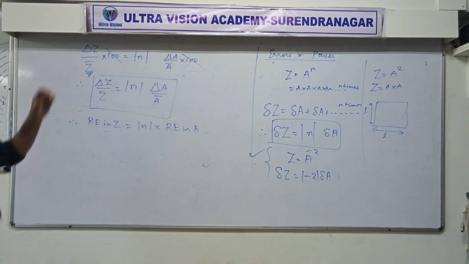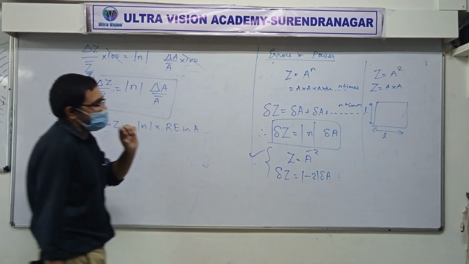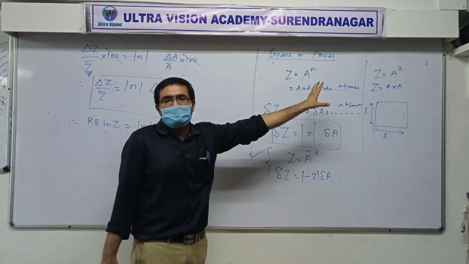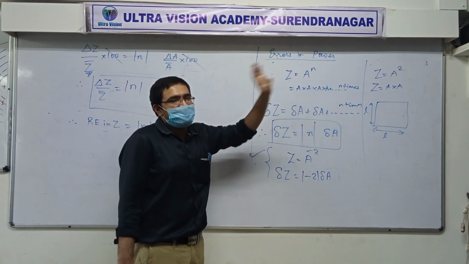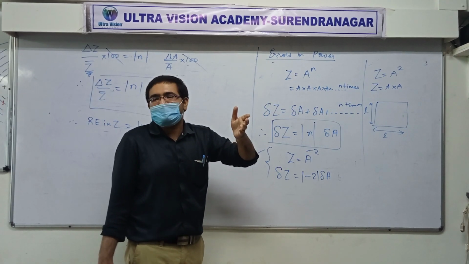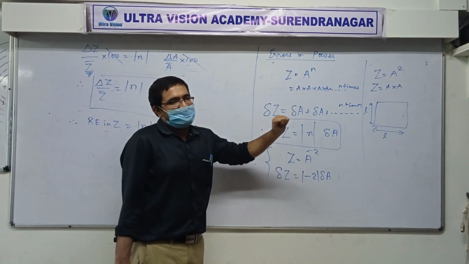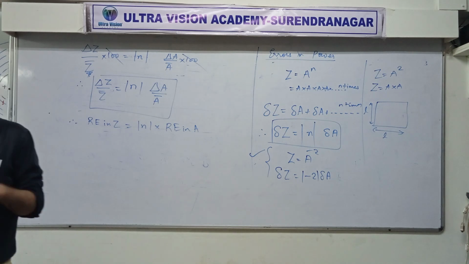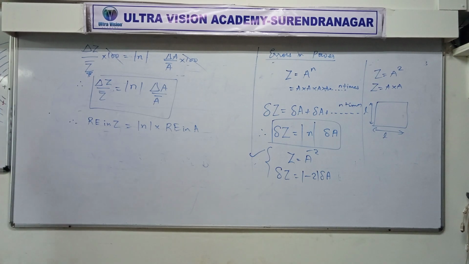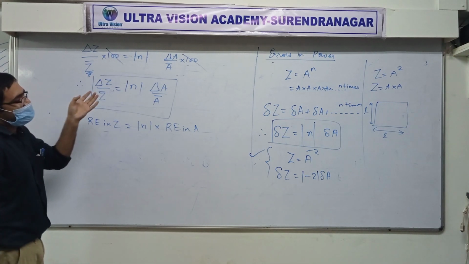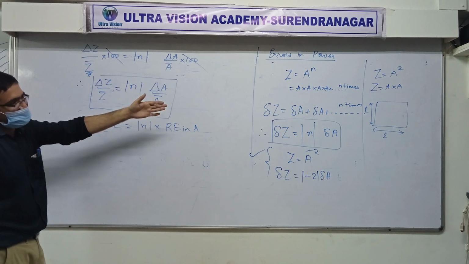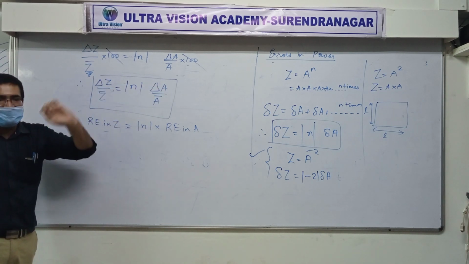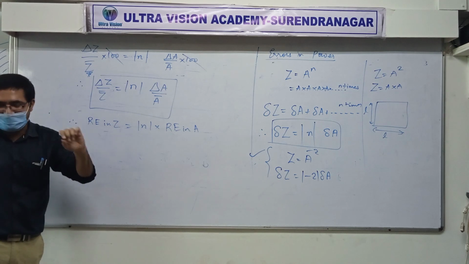No problem. Same. Even if the power is in fractions, the same idea works. The proof is much more mathematical, but we will not go into it. It involves some other technique called differentiation. There is a technique of maths which is called differentiation. With that you can prove this even if n is not an integer, even if n is a fraction.